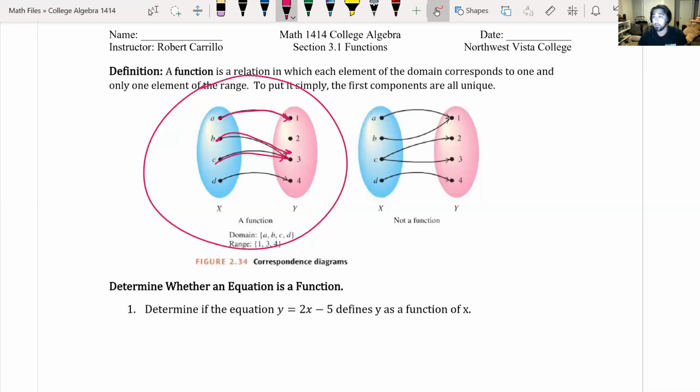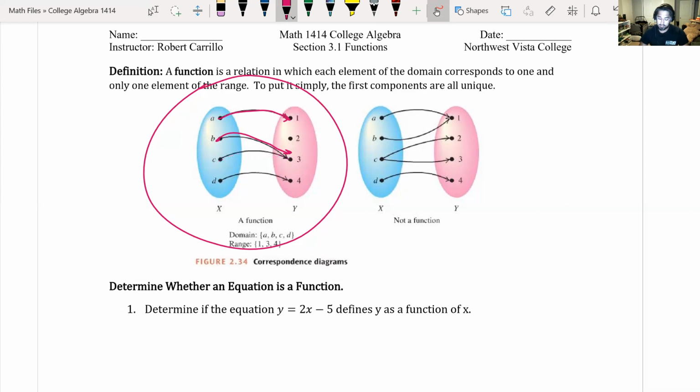One x value has one y value, and then another x value goes to a y value. So this is the definition of a function. Every x has one y, right? Every x has one y and only one y.